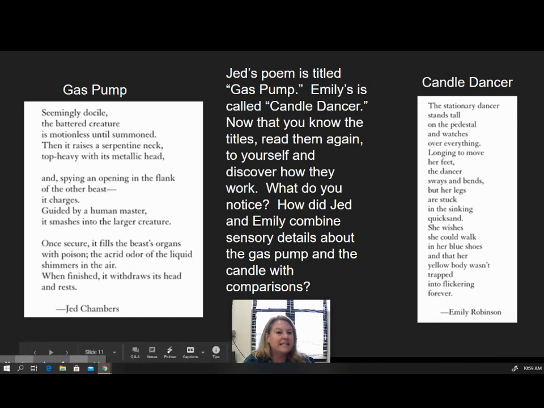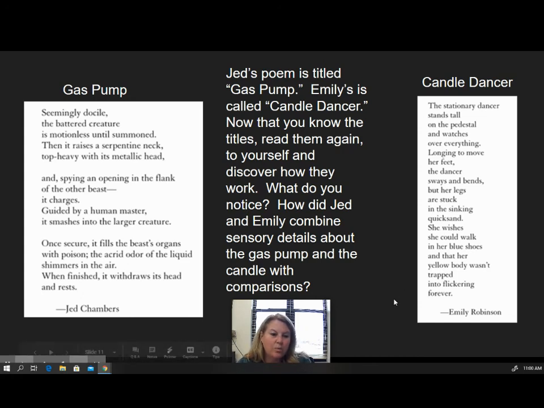Candle Dancer does the same thing. The stationary dancer stands tall on the pedestal and watches over everything. So it's a candle and a candlestick. Longing to move her feet, the dancer sways and bends, but her legs are stuck in the sinking quicksand. Well, as the candle burns down, it gets smaller, and so it may give the illusion that it's sinking in what this poet is calling quicksand.